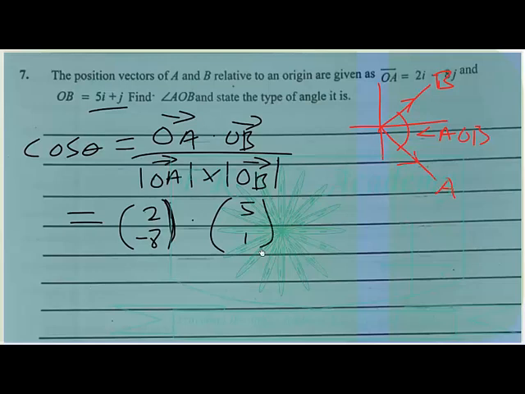So when we dot this is going to give us, let me do it over the magnitude of OA, which can be found using the magnitude formula.